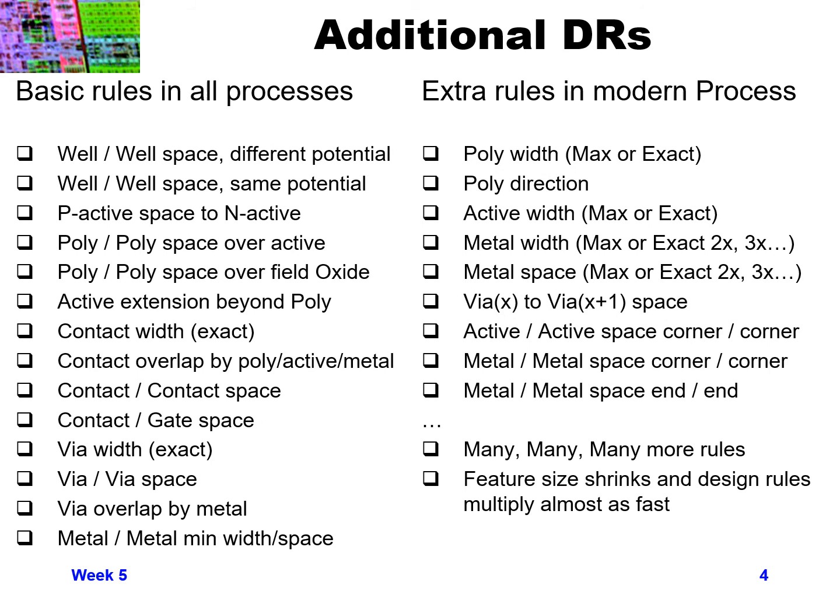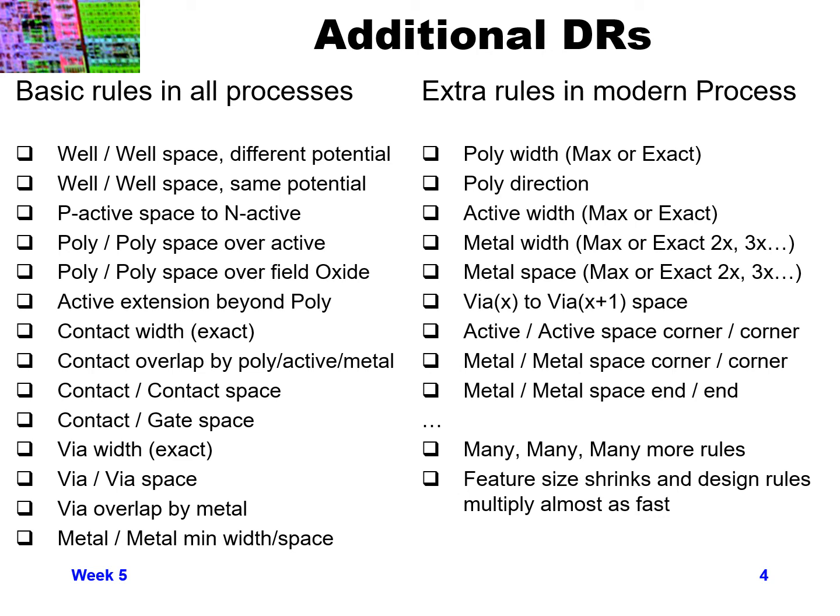So in addition to your well and active rules, there are a lot of additional design rules. I'll go through a few here on this slide. Some of the basic design rules that you'll see in pretty much all processes are well-to-well spacing for wells that are at a different potential.